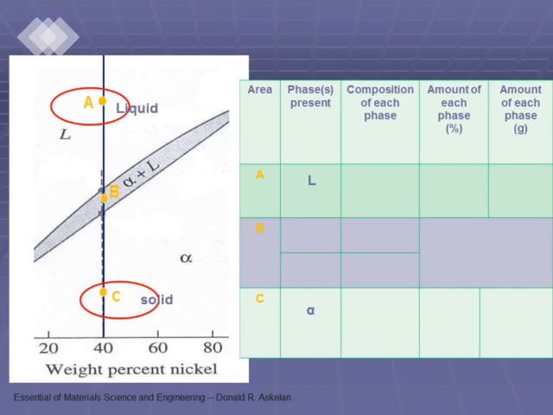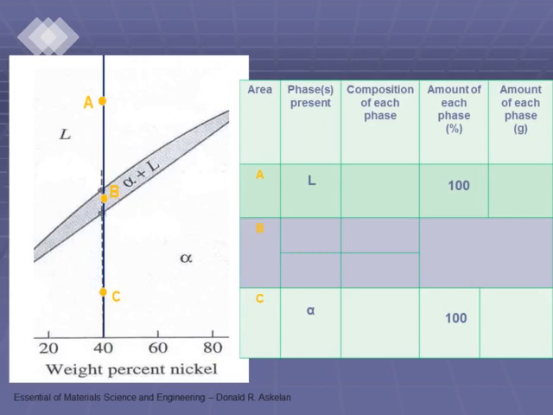Therefore, at point A, the alloy is 100% liquid. The same goes to point C, where the alloy is 100% in solid form.